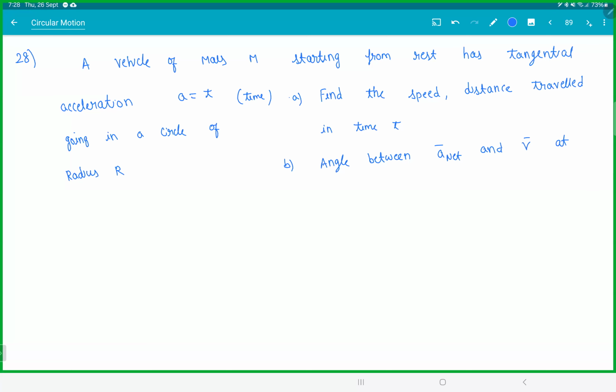At time t, I wanted to find the angle between this. Find the friction at time t. Idea is the same, just that you can't use v is equal to u plus at. Try. You got 2-3 minutes.